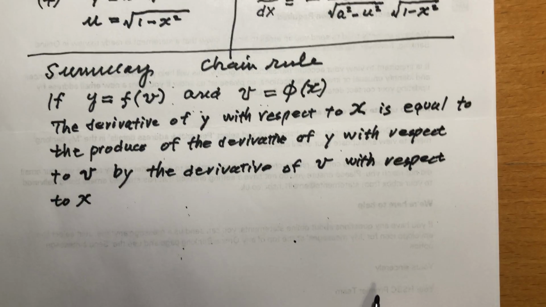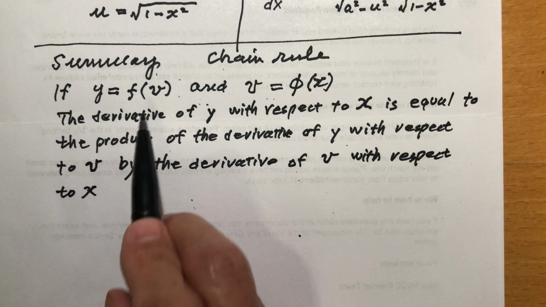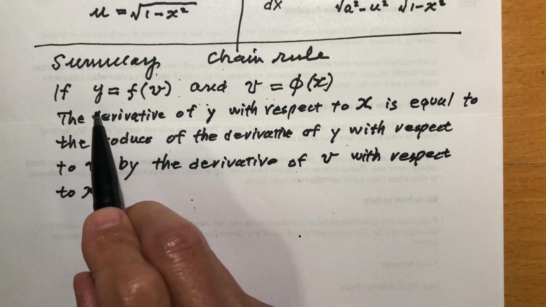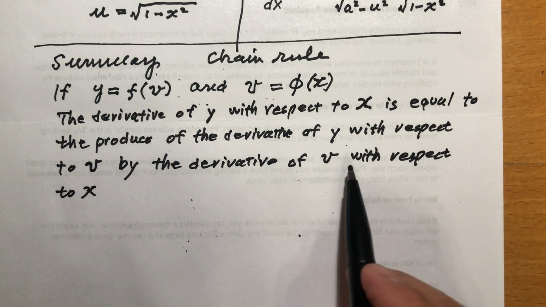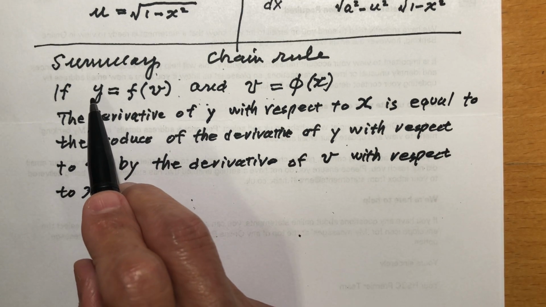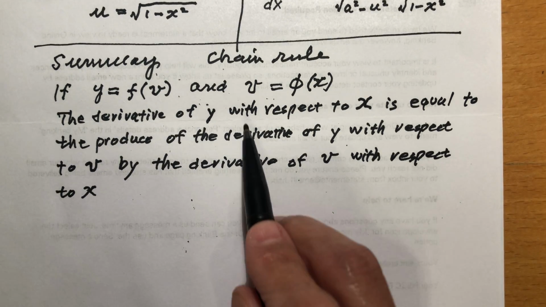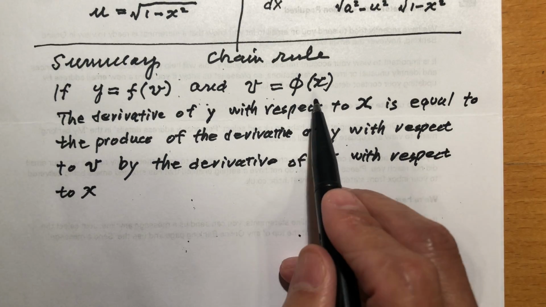So the chain rule says you have y as a function of v, and v is a function of x. So what is the derivative of y with respect to x? It is a product of the derivative of y with respect to v by the derivative of v with respect to x.